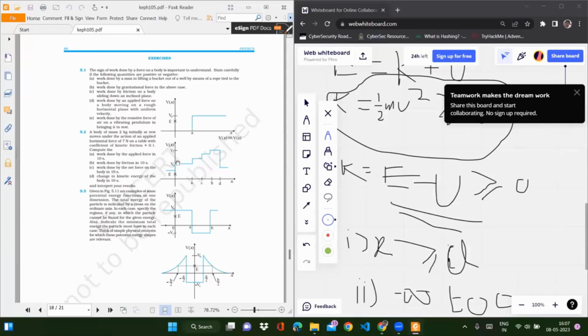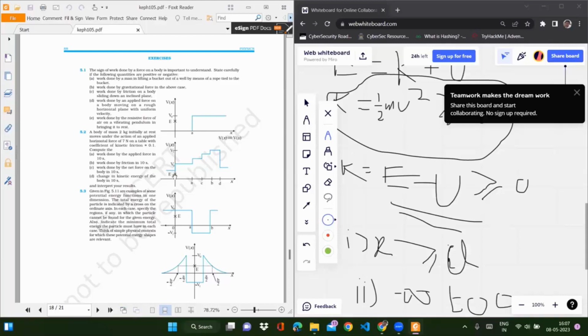Now in the second case, there is no existing region, which means the particle does not exist in any region, so we cannot comment on this. Even if we want the particle to exist in the region of negative x, meaning x less than 0, then a total energy a little above the cross must be given to the particle.